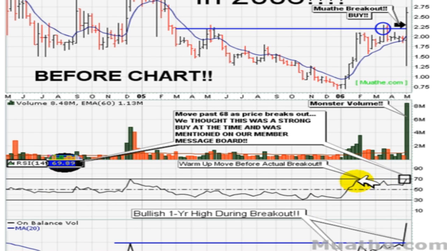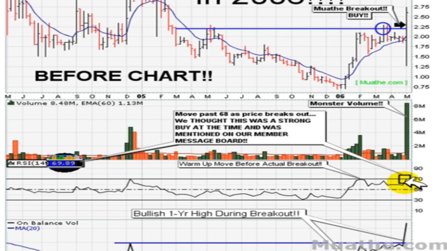So we come back. Notice this point of penetration here was not very steep, and the stock kind of rolled over. There was not a steep penetration, but notice what happened at the point of breakout: the angle of penetration, it's already at 69, actually around 70. The angle of penetration was very steep.